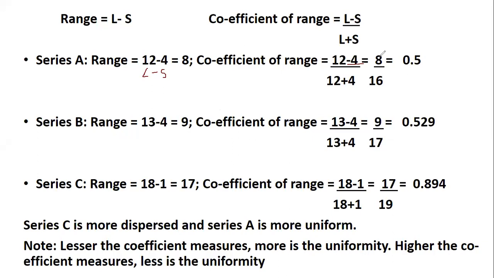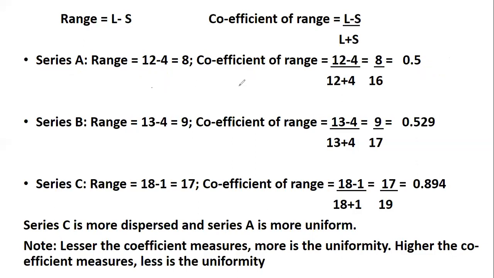So how much do you get? 8 divided by 16, which is equal to 0.5. So the coefficient of range for series A is 0.5. Okay, that was for series A. Hope everybody understood series A. Now let's solve for series B and series C also.